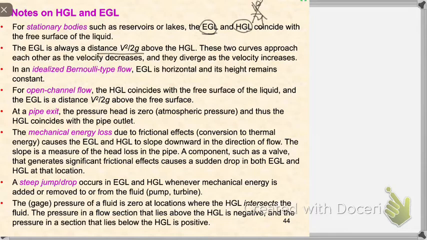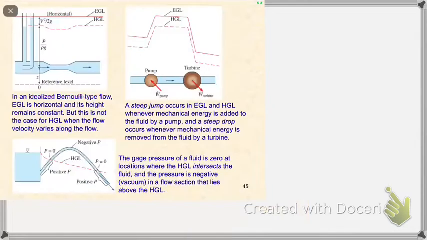And then in an ideal Bernoulli type, the EGL is horizontal like this. This is an ideal condition where you have pipes. The EGL is constant, but the HGL may differ. Why is it different?